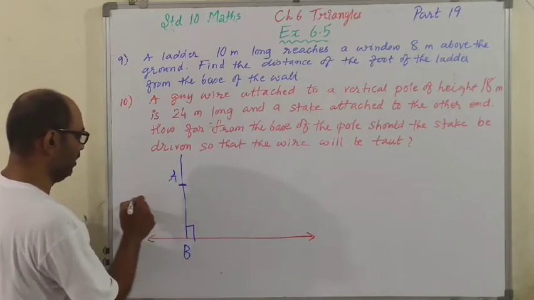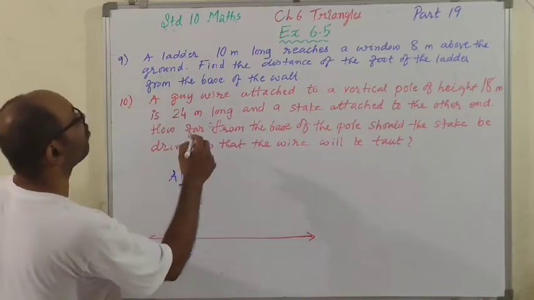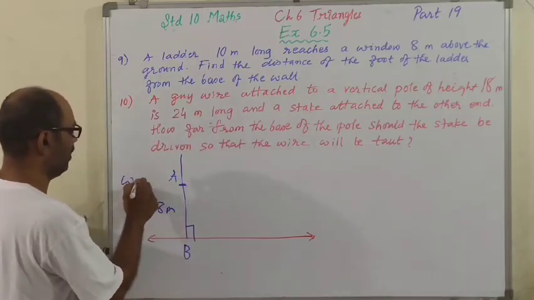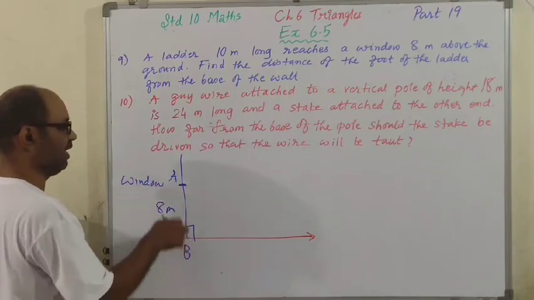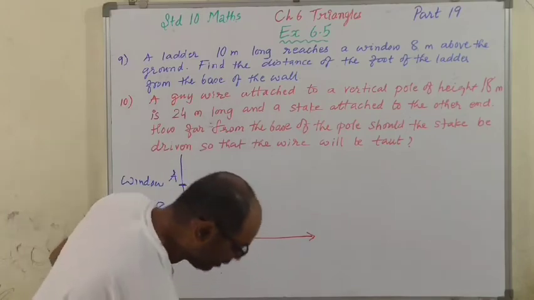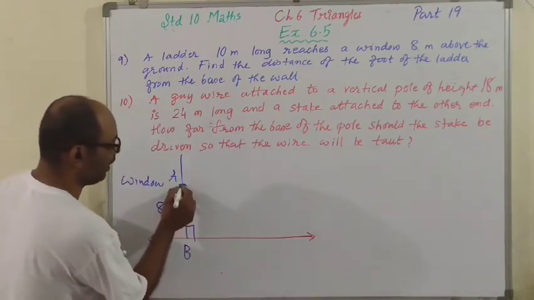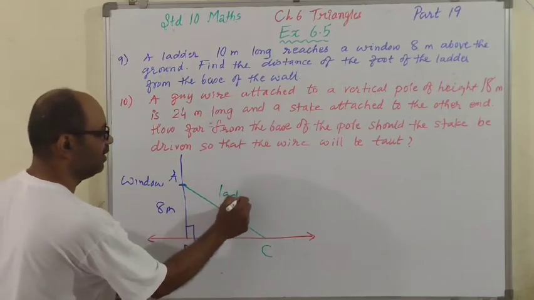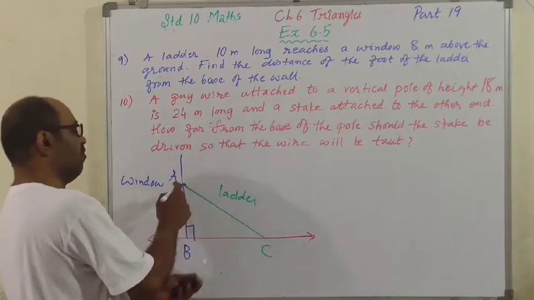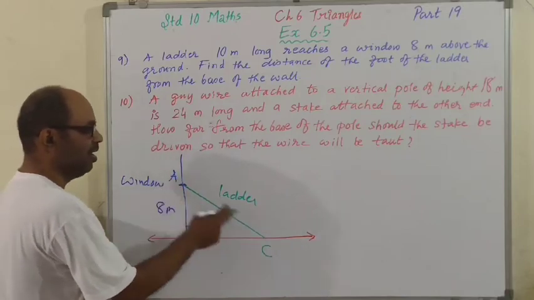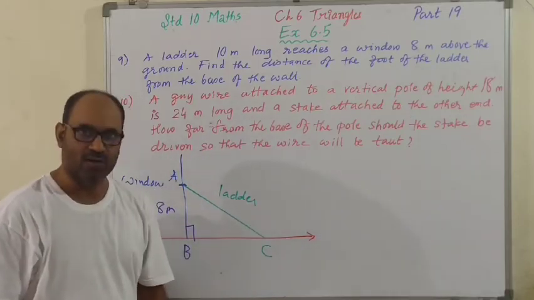Here is the window, 8 meters above the ground. And this green segment, AC, represents the ladder, which leans against the wall, with the top touching the window and the base on the ground.